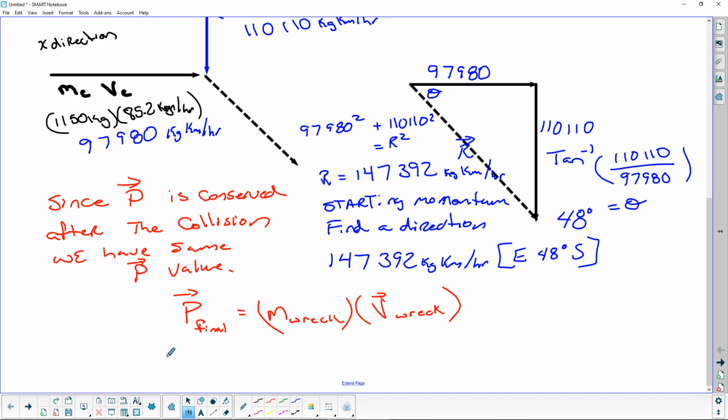Okay, so this is going to be our 14,392. Our mass is going to be the combination of our car plus our truck, which was, what was it, 1540.